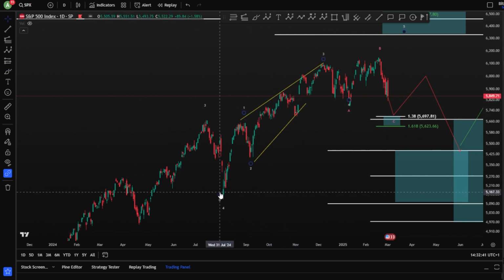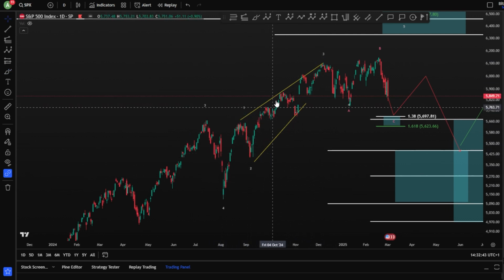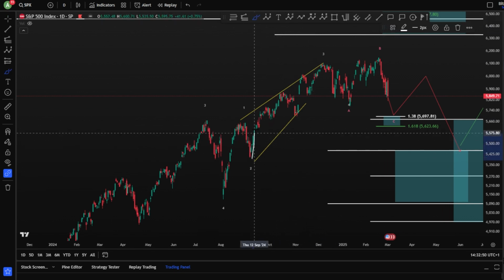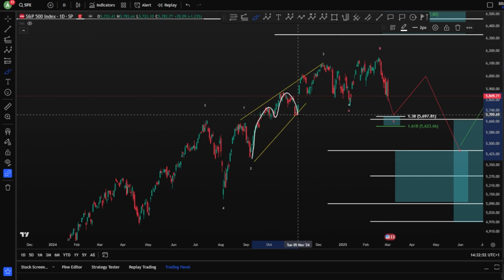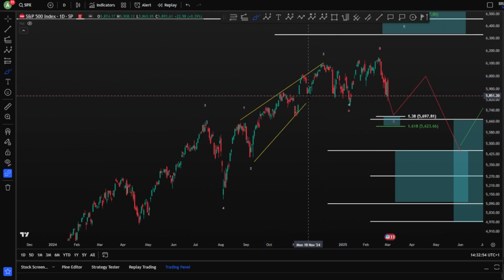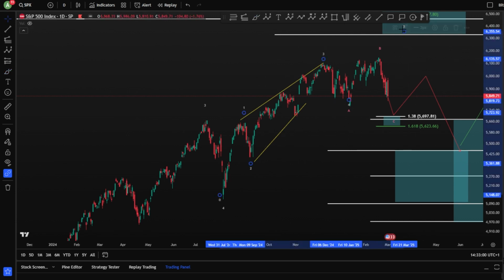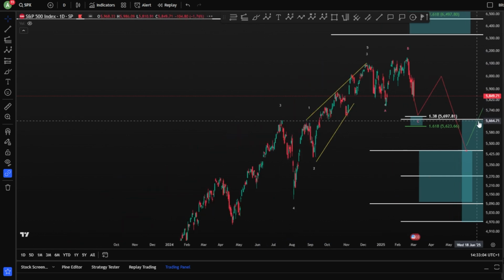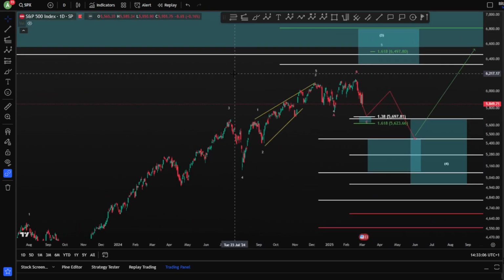I prefer to count this as a 1, 2, 3, 4, and a 5, which also is not really nice to see here, like 1, 2, and then there is a lot of overlapping. A wave 4 here is not really looking good. So the only possibility that I can say here is that potentially we have topped here for wave 5, or we are potentially in a bigger ABC.